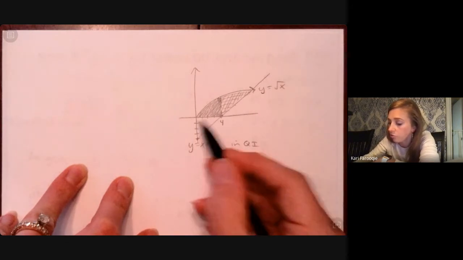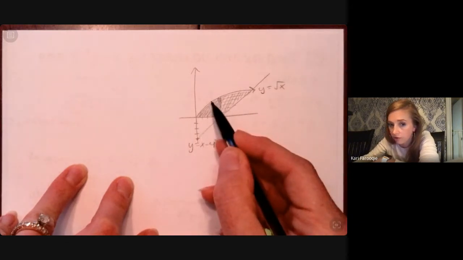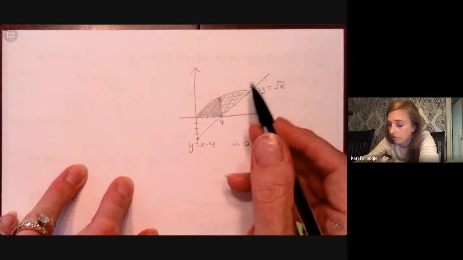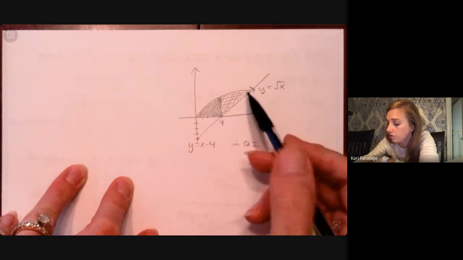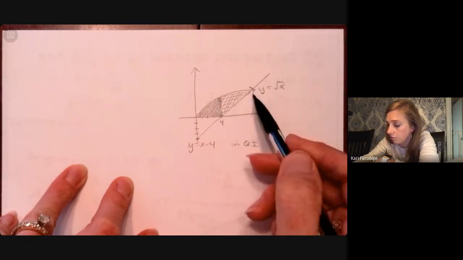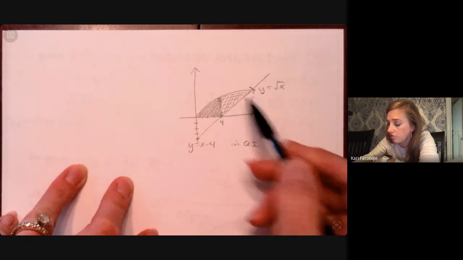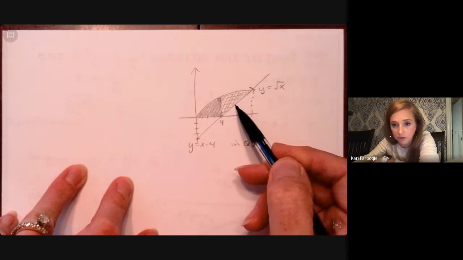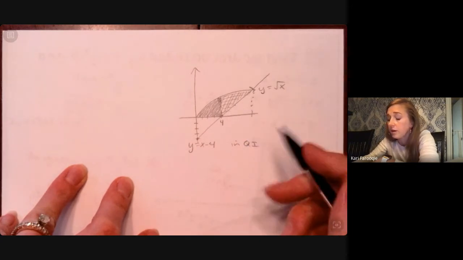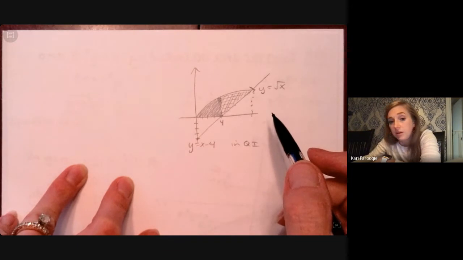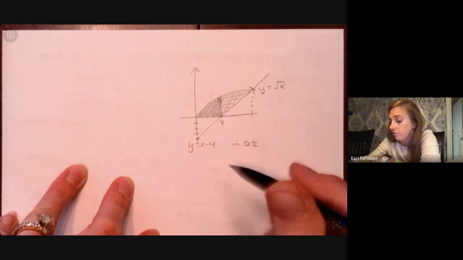You could go from 0 to 4 of the square root of x, and then add the integral from 4 to the intersection point, which I'm not sure of since I made this up on the fly, of the square root of x minus the quantity x minus 4. You could do that. What I was saying, though, is it would be easier to do this one using a dy.